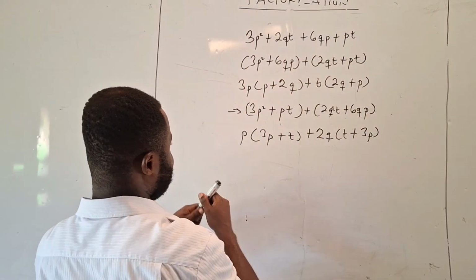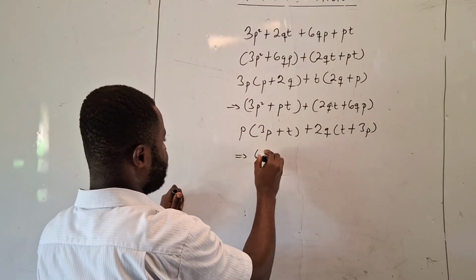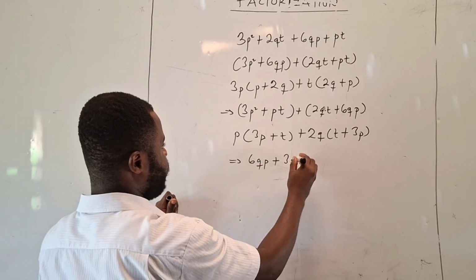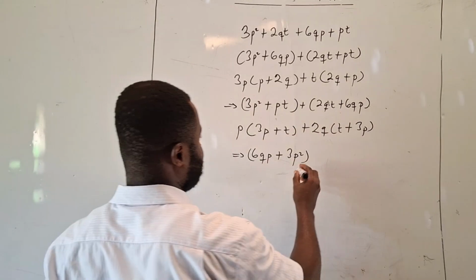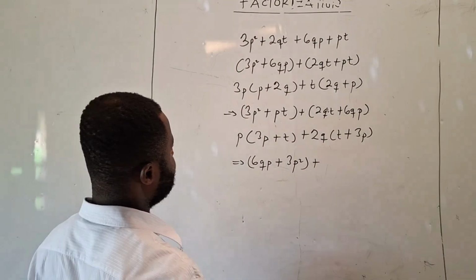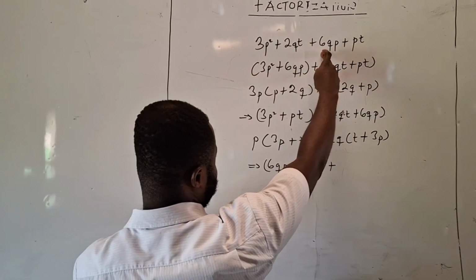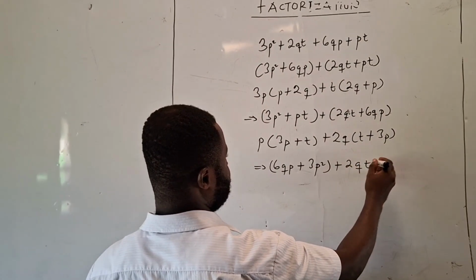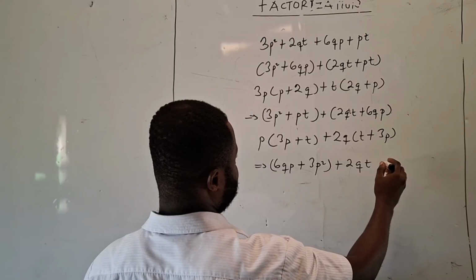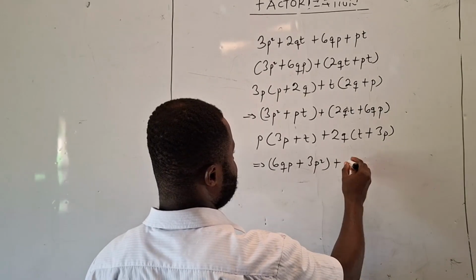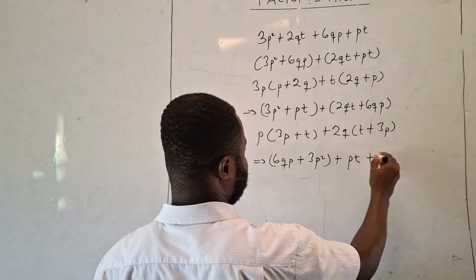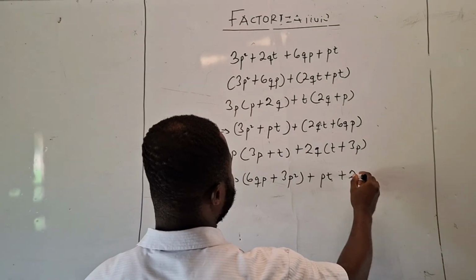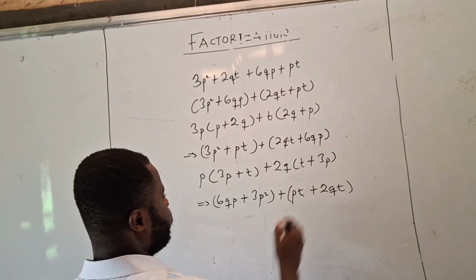So we can have our 6qp plus our p squared, then plus, we have used this and this, then we can have our 2qt, then we can have our pt.